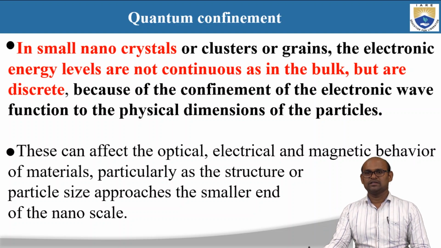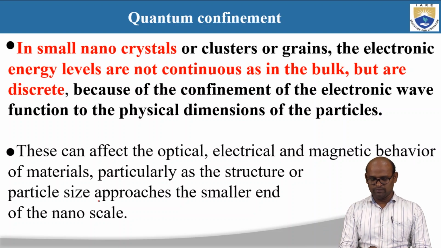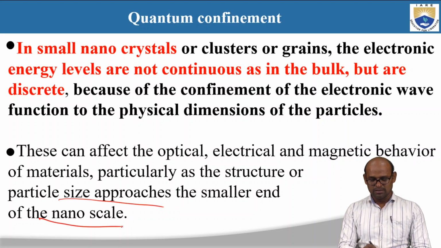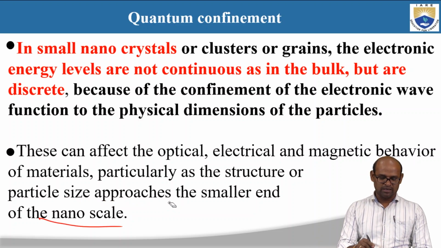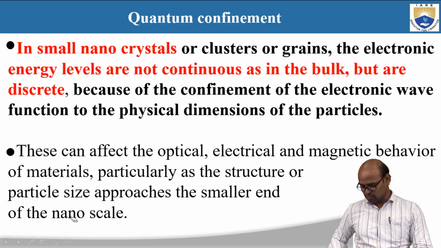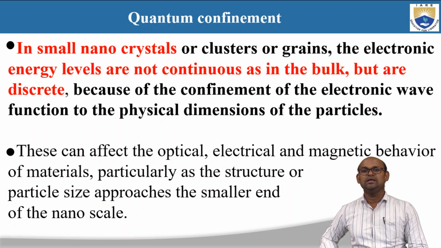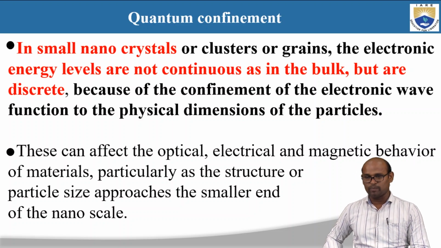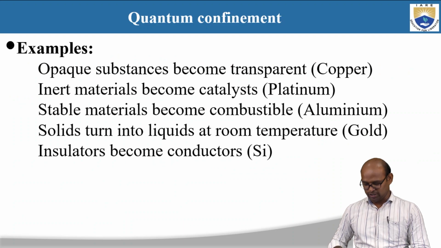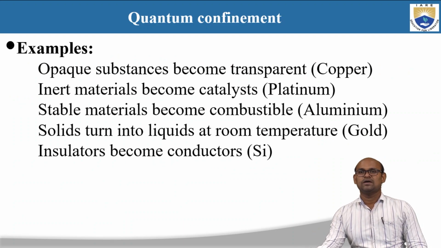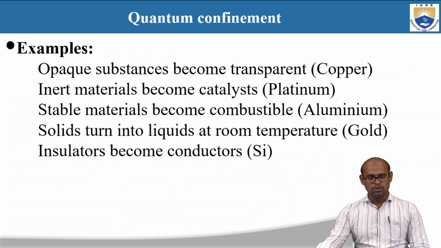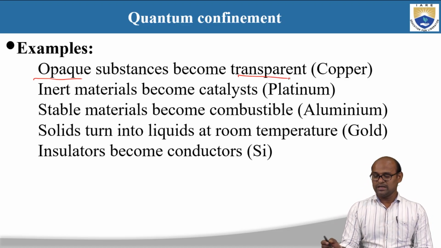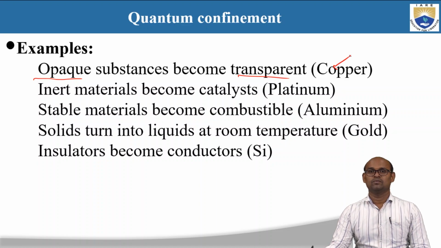These effects can change the optical, electrical and magnetic behavior of materials, particularly as the structure or particle size approaches the smaller end of the nanoscale. As the particle size approaches the nanoscale, we find that many properties change. Examples of such quantum confinement: opaque substances become transparent, for example copper.